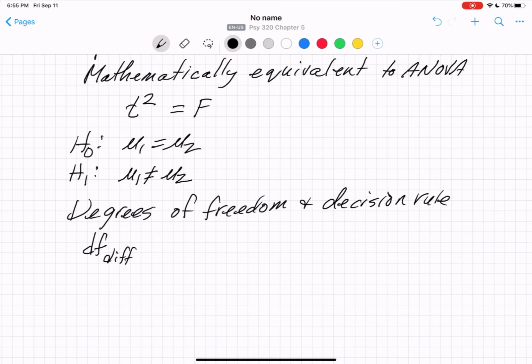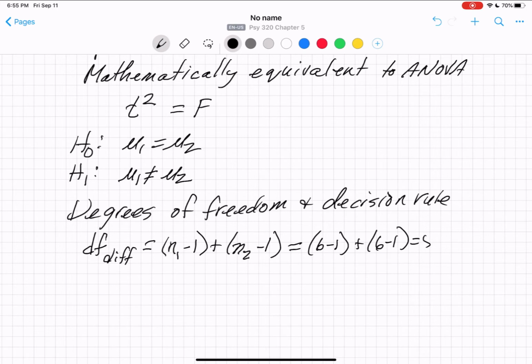And this is because we're looking at the difference between our means, okay? And the formula for this is n1 minus 1 plus n2 minus 1. This formula will work if you have different sample sizes in your groups. We just have the same sample size in both groups. We have 6 people in each group. So it's going to equal 5 plus 5, which equals 10.